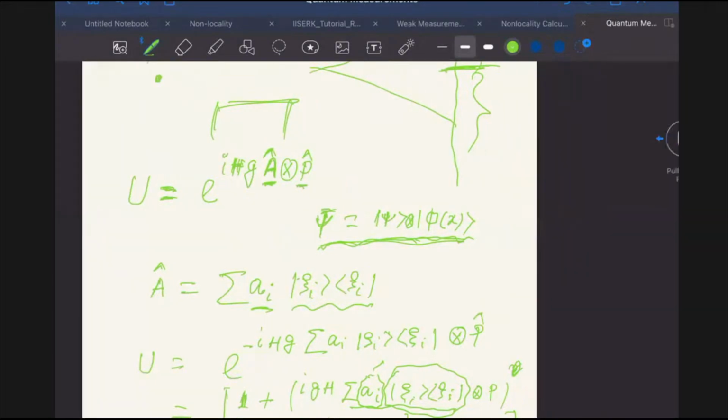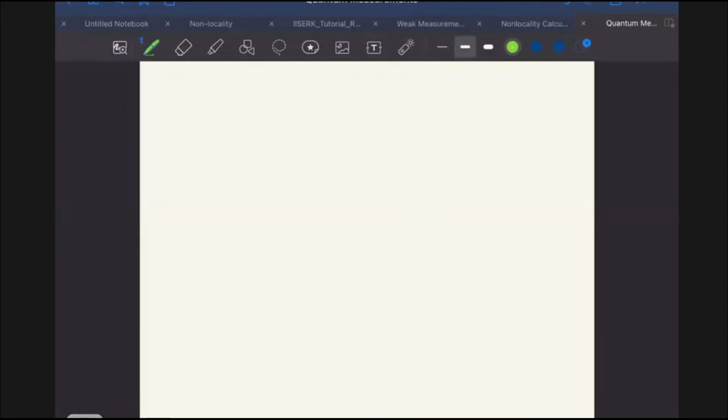So I will get a similar series that I can write as e to the power something. So then this U will become this JI, and this e to the power minus I, G, H, and say AI.